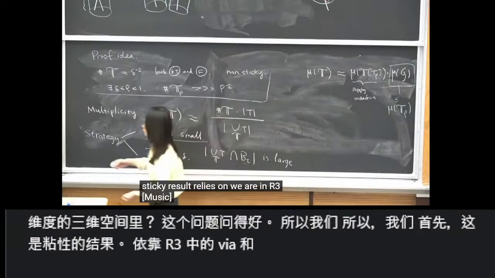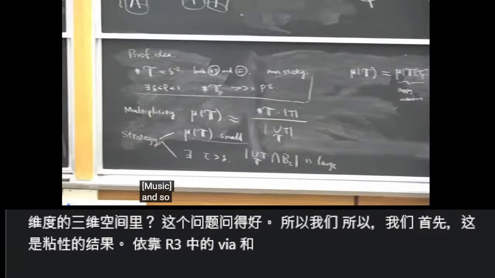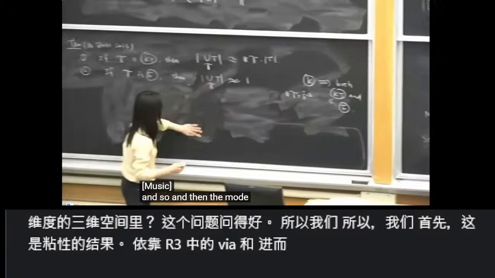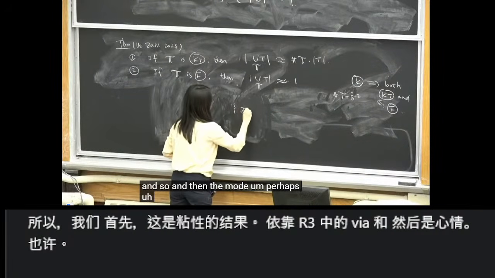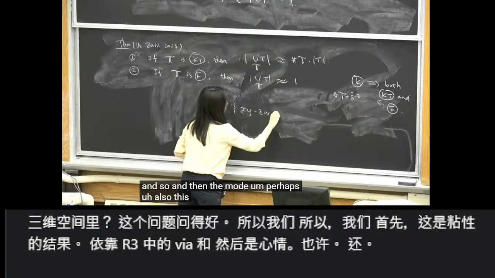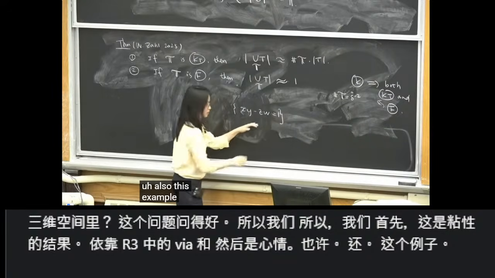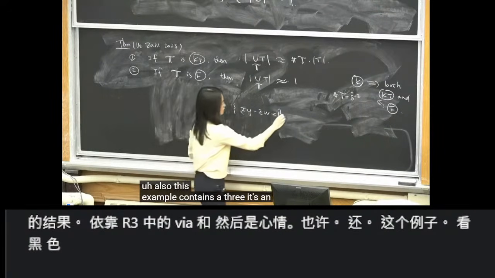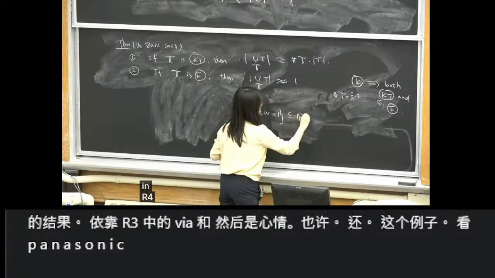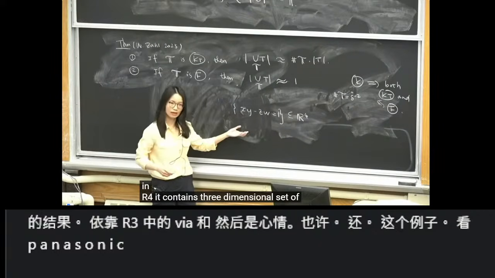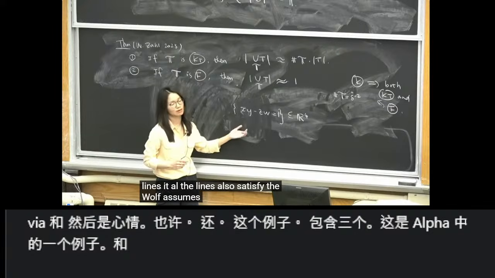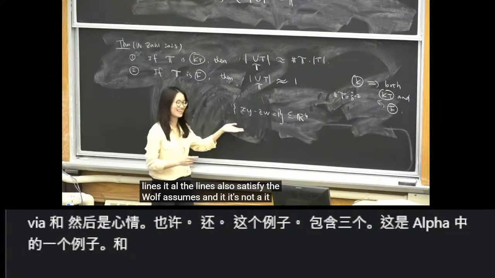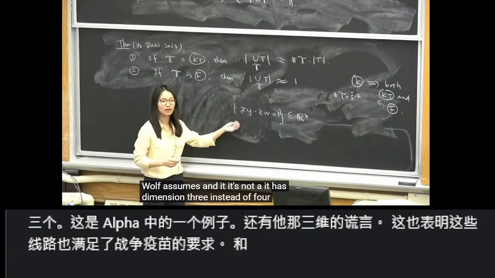Also, there is an example in R4. It contains a 3-dimensional set of lines. The lines also satisfy the Wolf axioms, and it has dimension 3 instead of 4.